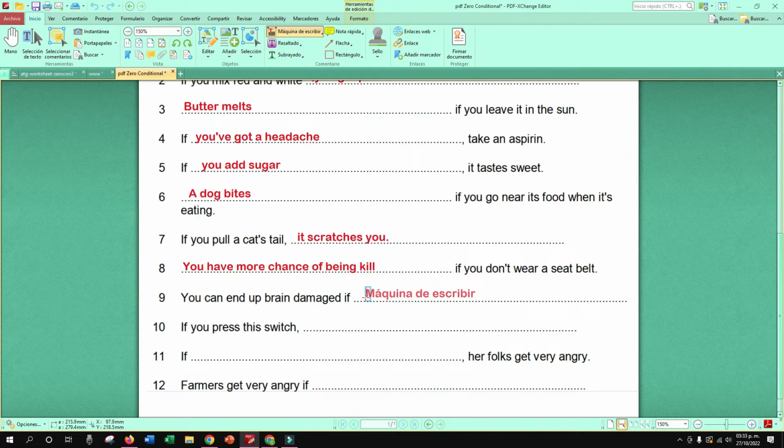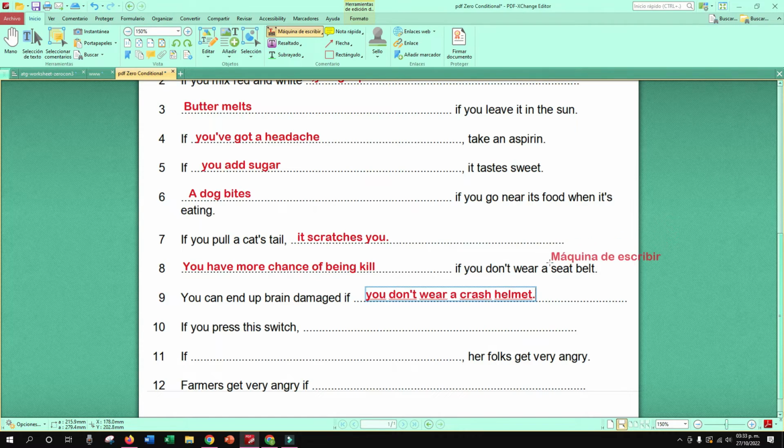That is another one. If you don't wear a crash helmet. Do you know helmet? Casco, ¿verdad? So, si usted no utiliza un casco, usted podría terminar con un daño cerebral si se cae, si tiene algún accidente, ¿verdad?